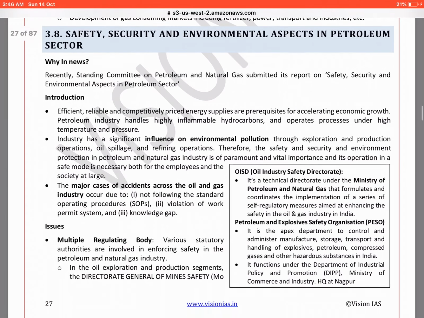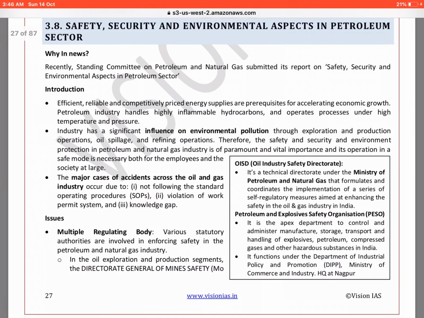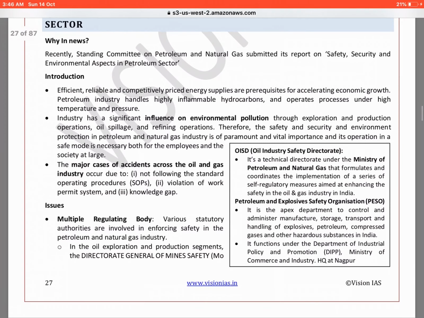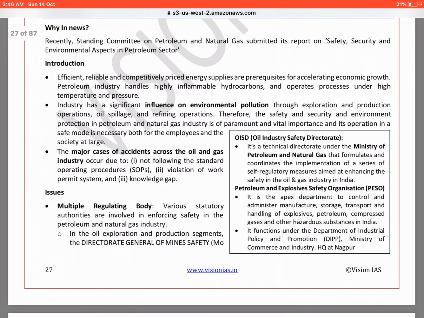Next is safety, security and environmental aspects in the petroleum sector. Recently, the Standing Committee on Petroleum and Natural Gas has supported safety, security and environmental aspects in the petroleum sector. This will help firstly to formulate a guideline, because you must have come across many times that in petroleum industries highly inflammable hydrocarbons are used.